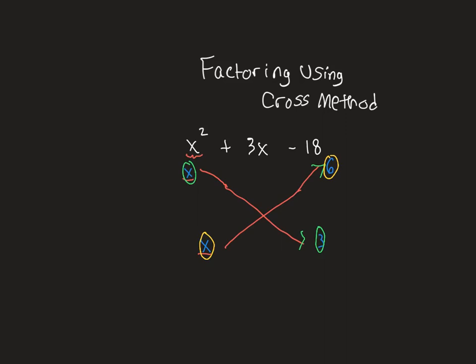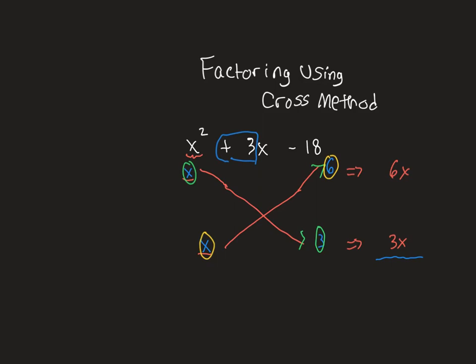So that's going to give me x times 6 is 6x. X times 3 is 3x. And then you have to ask yourself, because I want to get plus 3x here, what do I do with my 6x and 3x to get plus 3x?